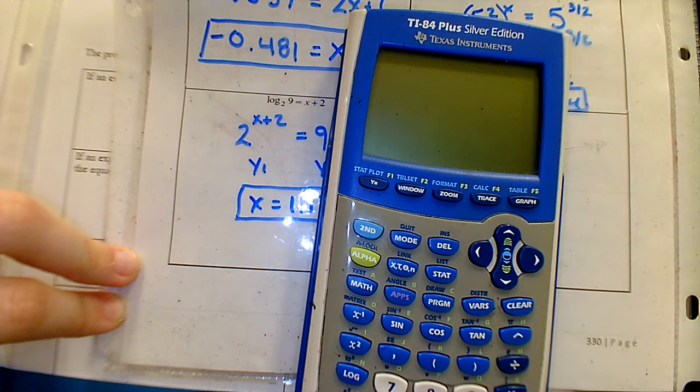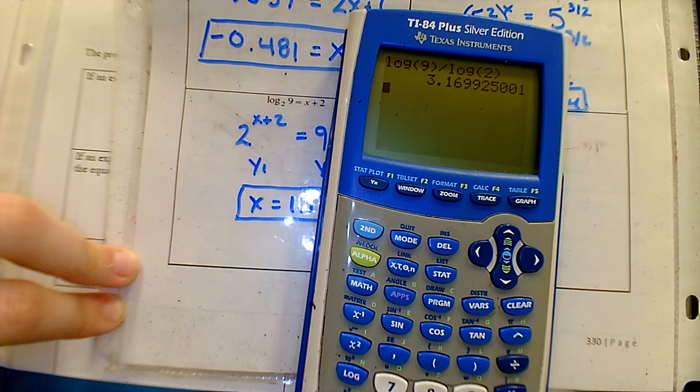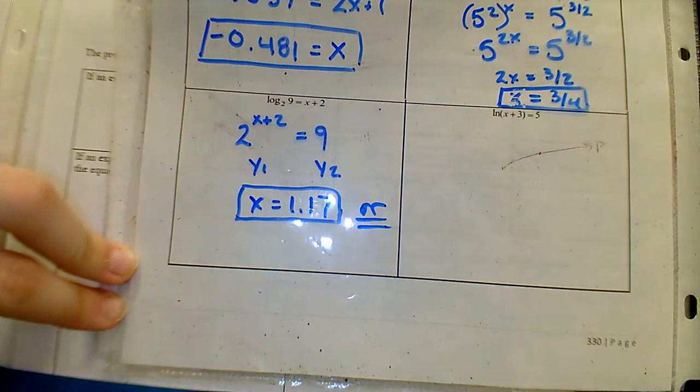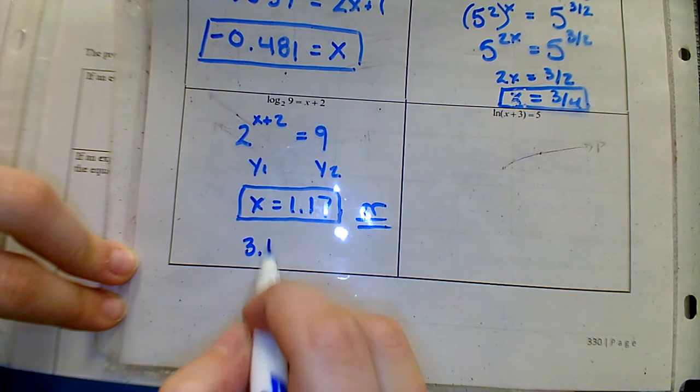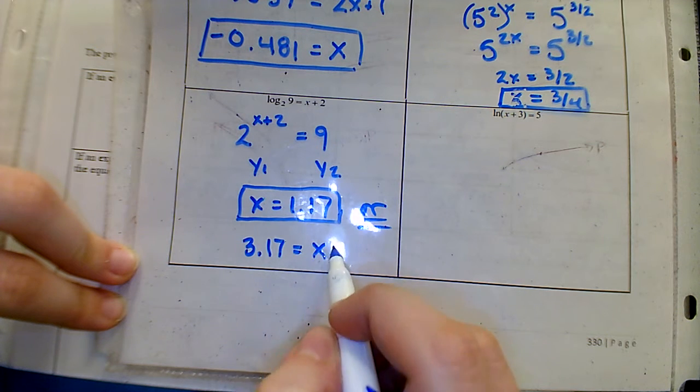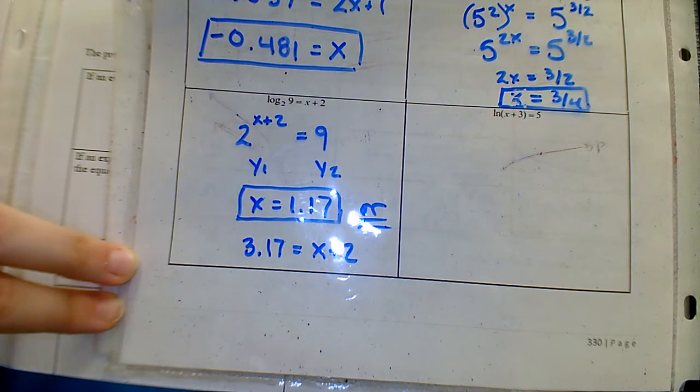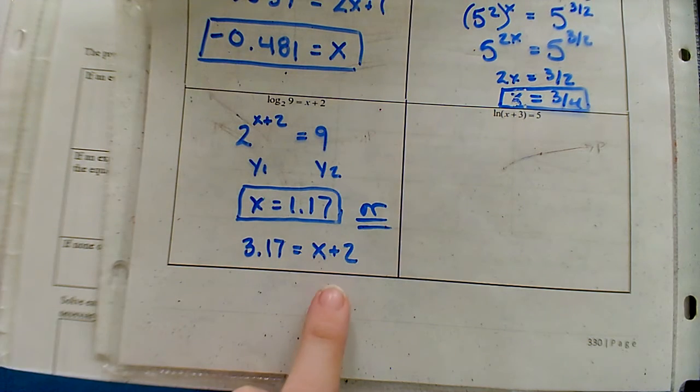For instance, if we did log of 9 divided by log of 2, we'd get 3.17. So essentially the left-hand side is 3.17 and the right side is x plus 2. Doesn't that one seem a little bit easier to solve by hand without using a graph to help you?